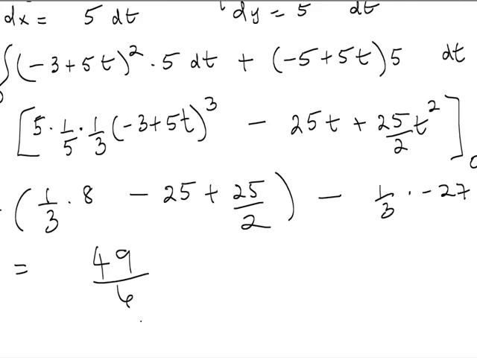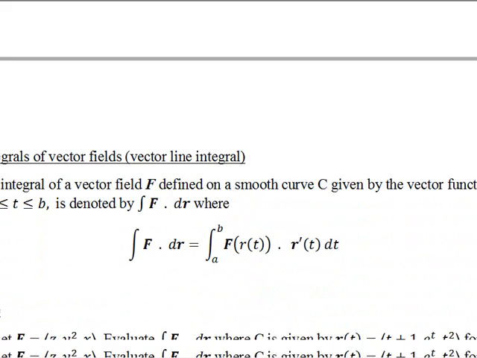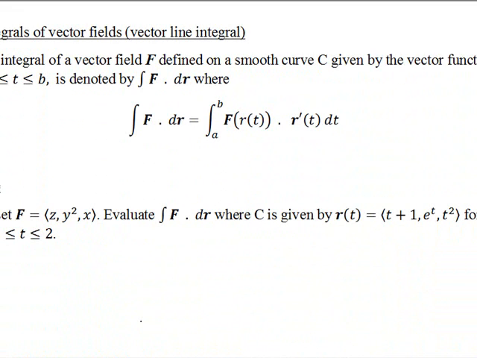Okay. Let's move on. Good, as I thought. Line integrals of vector fields. And this is called a vector line integral. You will be seeing this quite a lot in this section. The line integral of a vector field F defined on a smooth curve C given by the vector function r(t), where t lies between a and b, is denoted by the integral over C of F dot dr. This dot is dot product.